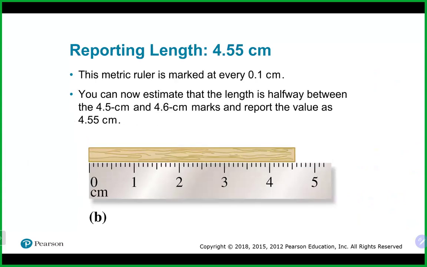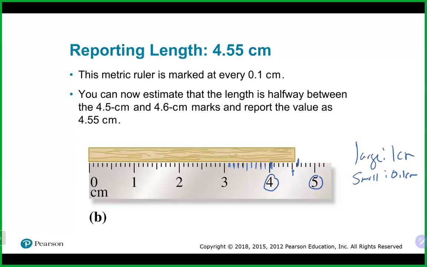All right. Now, if we look at this one here, we have our large markings, which again is going to be 1 centimeter. This time we do have small markings. And if we look, we have 10 of them: 1, 2, 3, 4, 5, 6, 7, 8, 9, and 10. Bad shot on that 10 over there. So the small markings here are going to represent 0.1 centimeter, which you could get by taking 1 divided by 10. Here, we're right around that 4.5 marking.